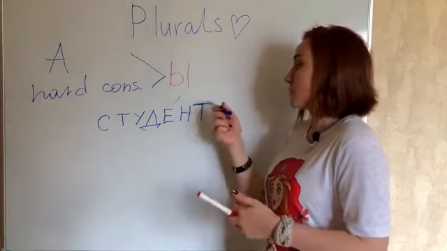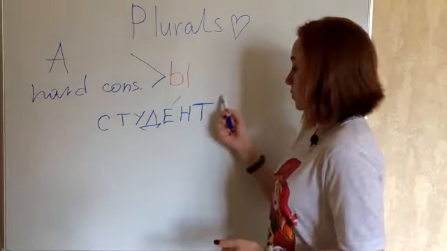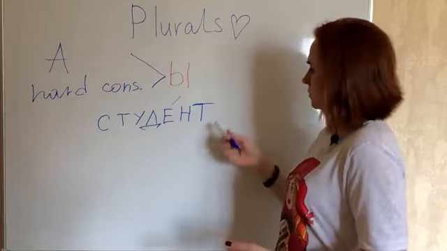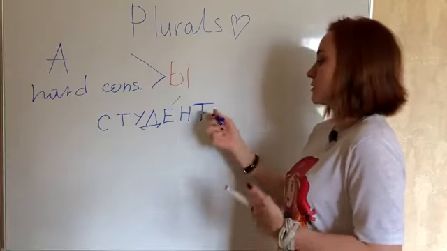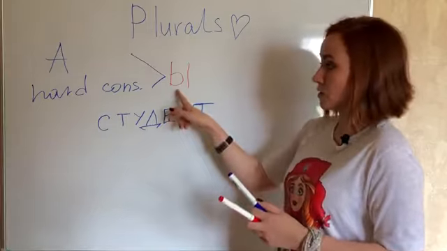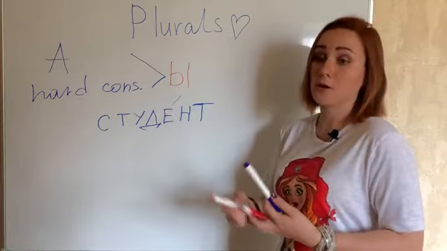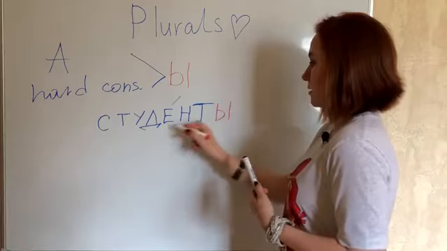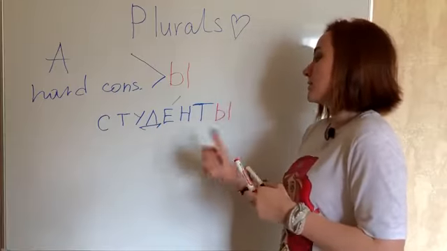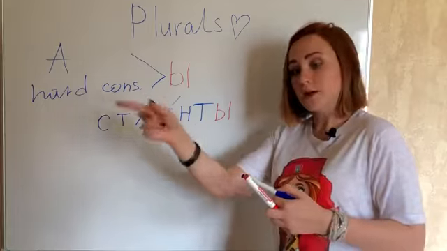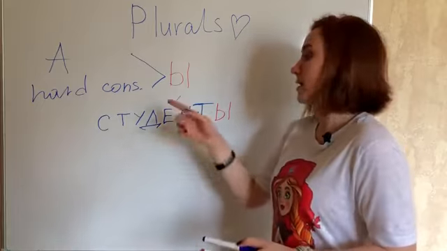So, first we look at the end of the word, and what do we have here? We have a hard consonant. There is no soft sign, nothing pointing that it's soft, so it's a hard consonant. And what do we do to make it plural? We add Ы in the ending. So, студенты, students.